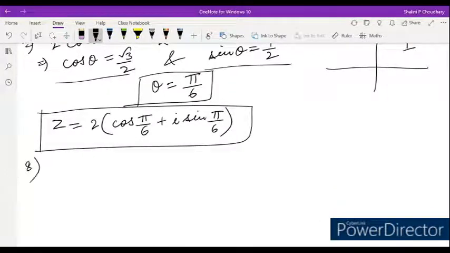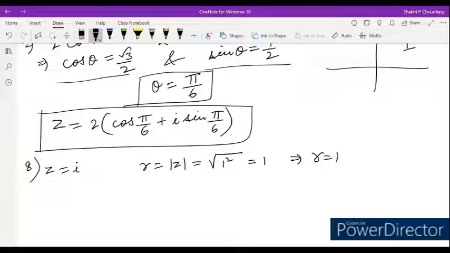Now next question, that is z is equal to i. Okay, so r will be equal to modulus of z, that is equal to square root of 1 squared, that is 1. It means r is equal to 1 and z is equal to i, which means we can write 0 plus i. Okay, so r cos theta is equal to 0 and r sin theta is equal to 1.